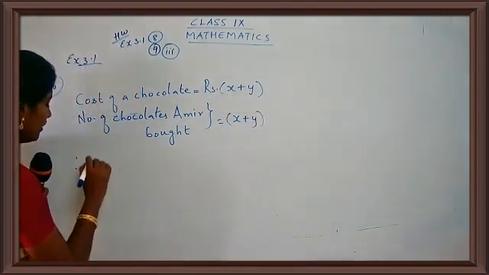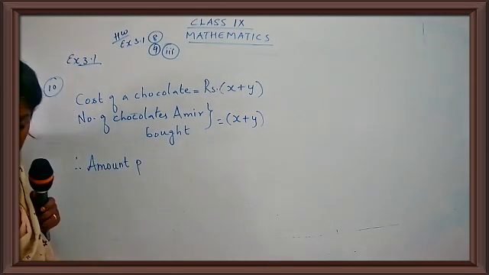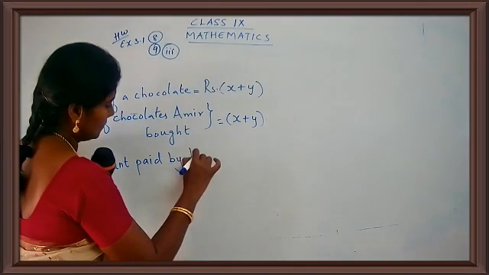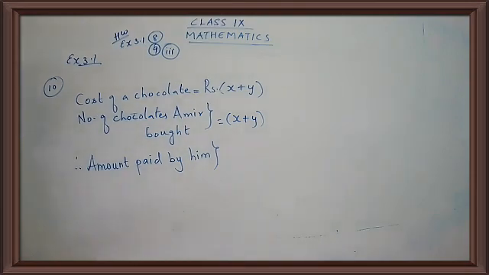So now what you have to find out? You have to find out the amount paid by him. Amount paid by him. Okay, children, how to find out the amount paid by him? Let's find out the amount paid by him.